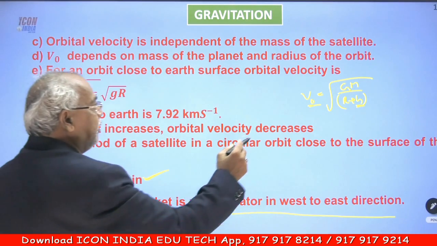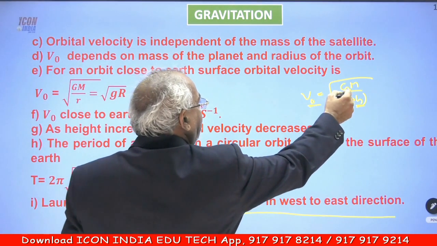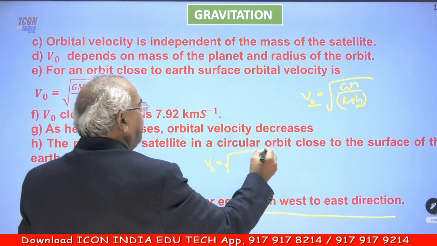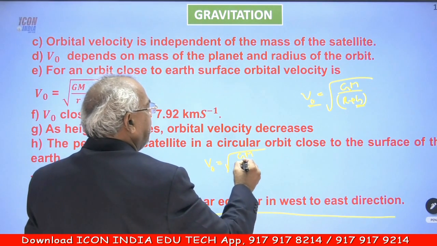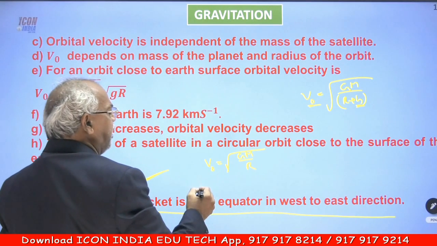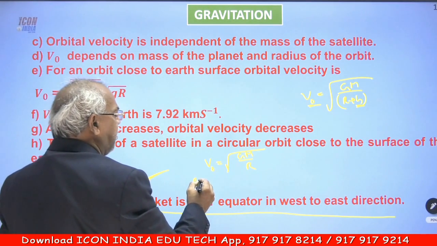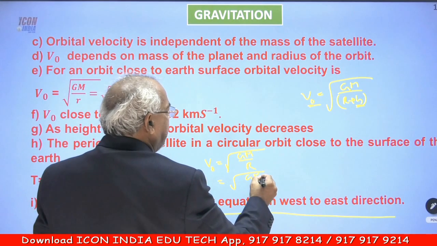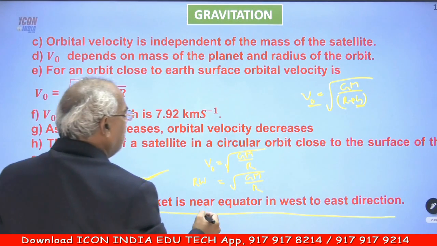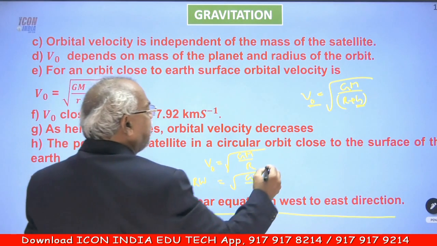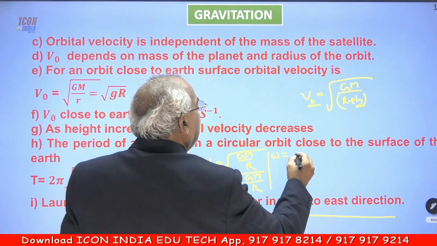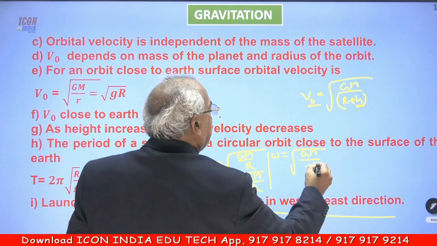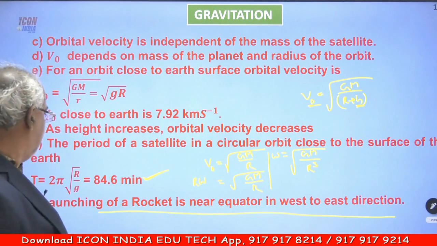Here we take v naught is equal to root GM by R. So what is v naught? v naught is nothing but R omega, that is equal to root GM by R. Omega is equal to root of GM by R cube.